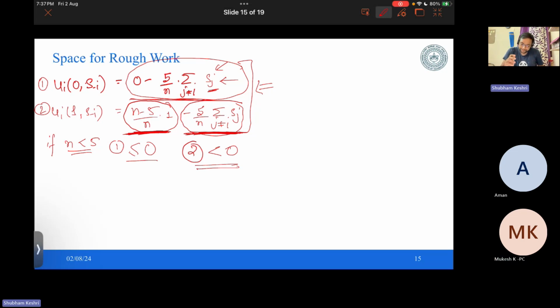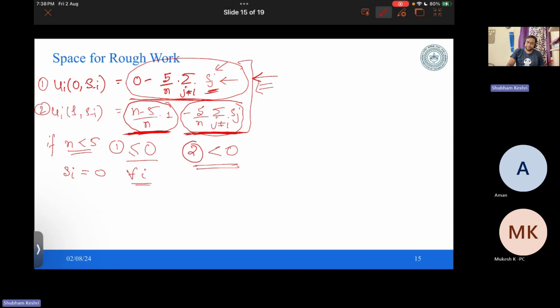So you see, there is one value where the utility becomes exactly 0, not negative. What is that value? When all the players are playing 0, for all i. When all the players are playing 0, the utility of all the players will be 0 and not negative.